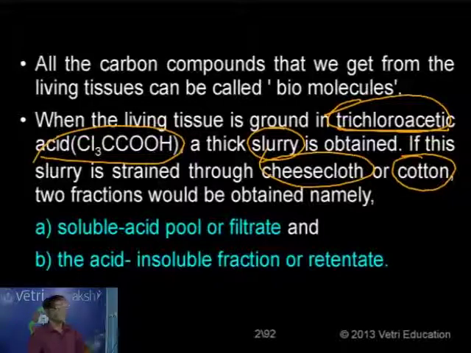So we have two fractions: the acid soluble pool, the liquid filtrate, and the acid insoluble fraction, because we are using trichloroacetic acid for grinding. The acid insoluble fraction is called the retentate, the one retained on the surface of the cloth.